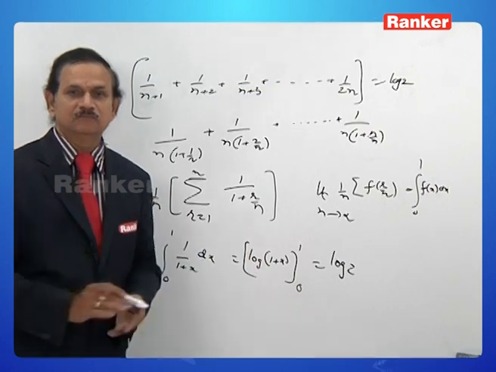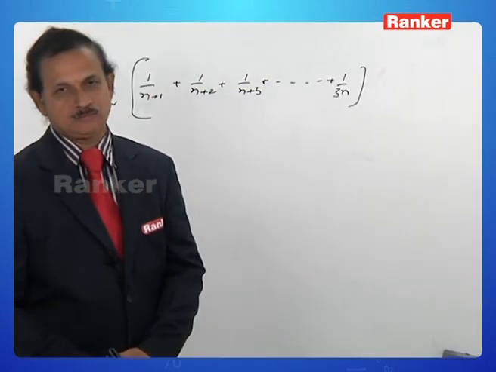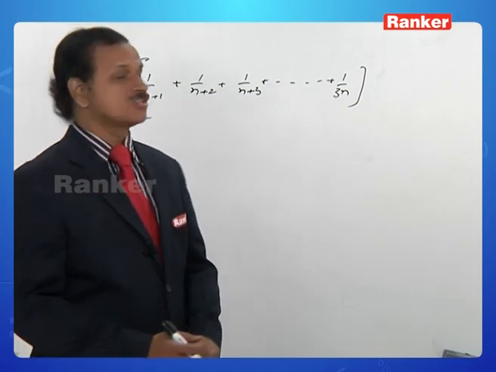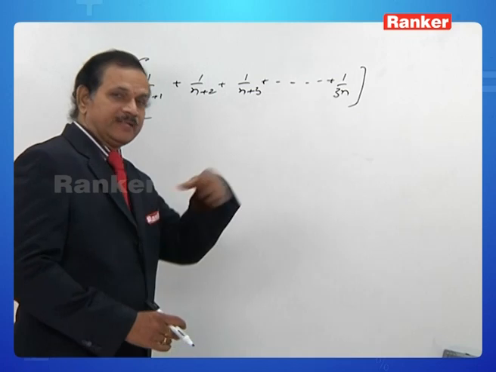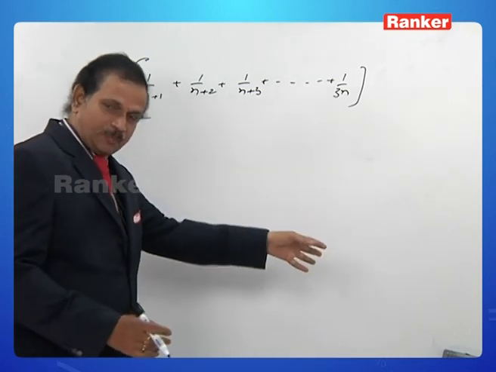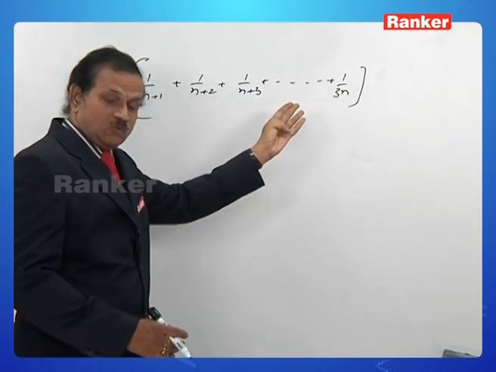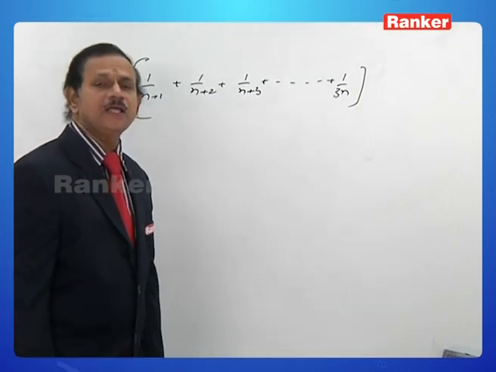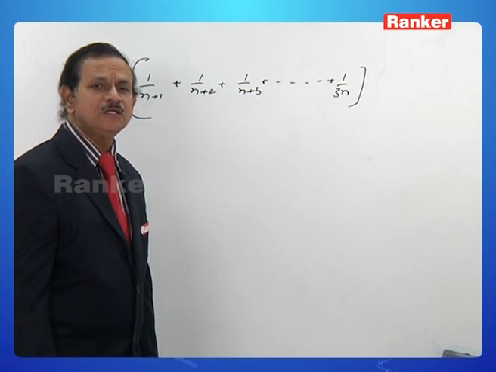Let us see. With a small change in the previous problem, we get this problem. Previously, that is in the latest problem, the last term was 1 by 2n, but here it is 1 by 3n. 1 by 3n means n plus 2n.